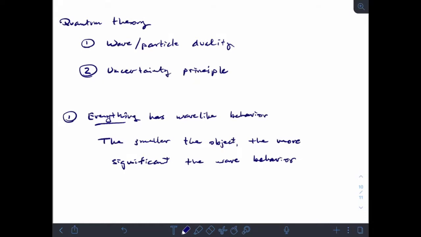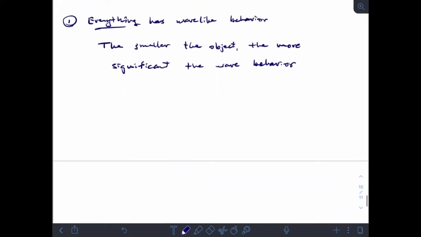Okay, so in order to talk about this, we have the de Broglie wavelength equation. Okay, and that equation is given to us by lambda equals h over m times n. All right, so this is Planck's constant.